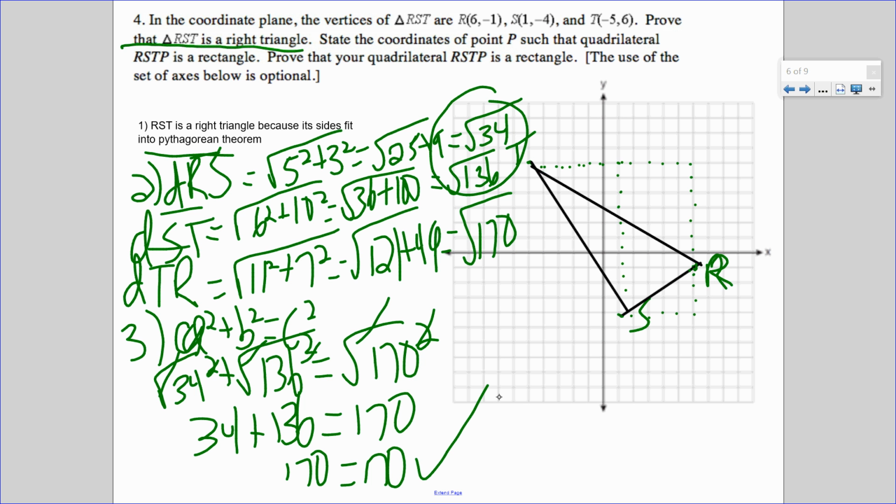Now, state the coordinates of point P such that quadrilateral RSTP is a rectangle. We did this yesterday.